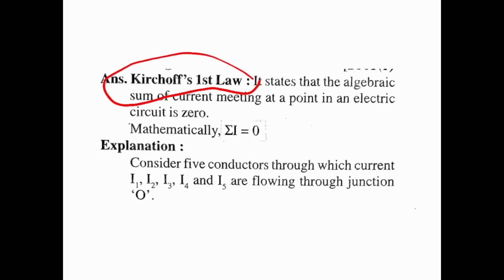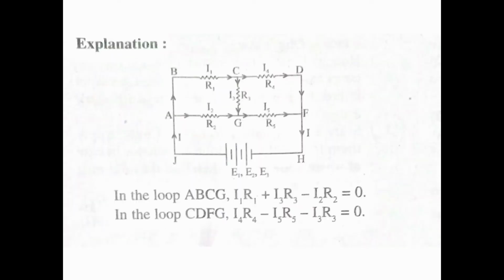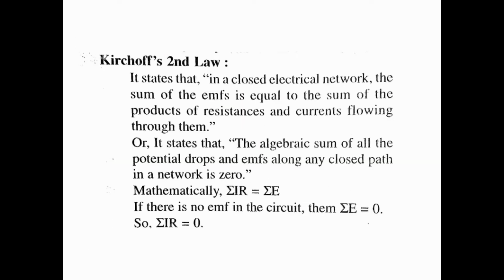Then we have to state Kirchhoff's second law. The second law states that in a closed electrical network, the sum of EMF, that means potential, is equal to the sum of the product of resistance and current.